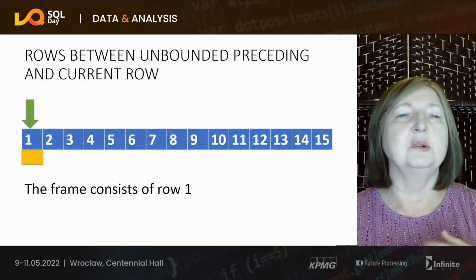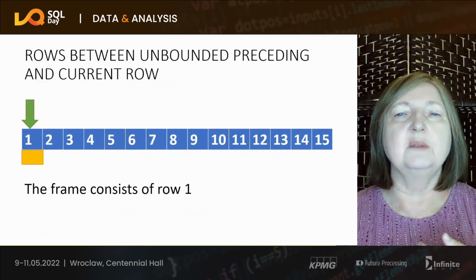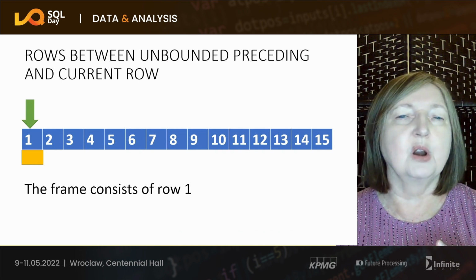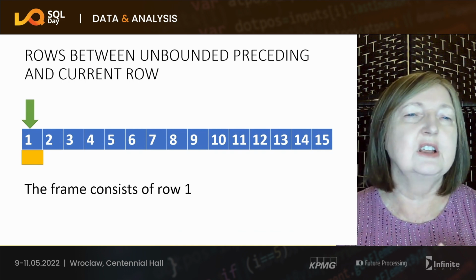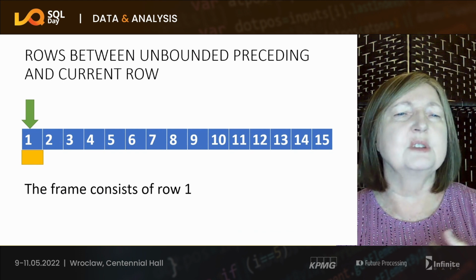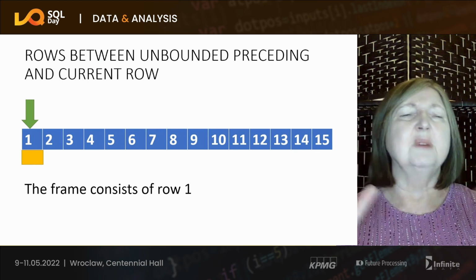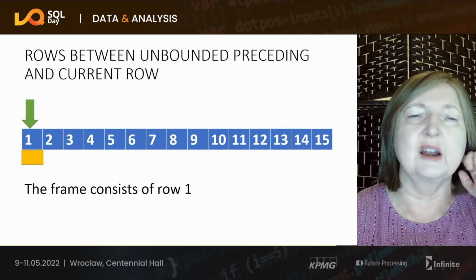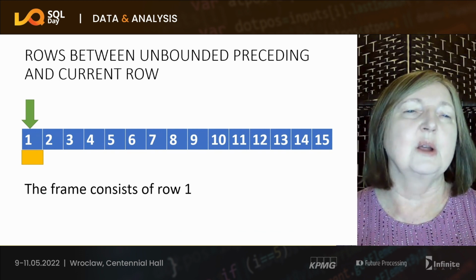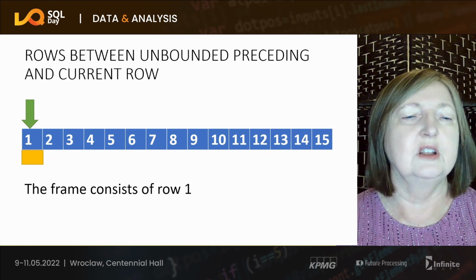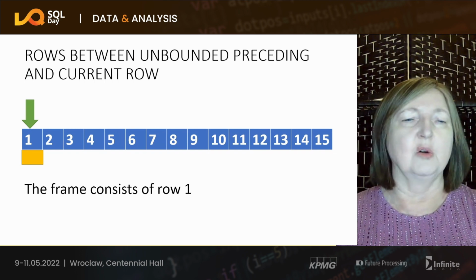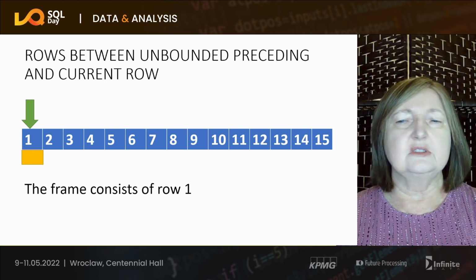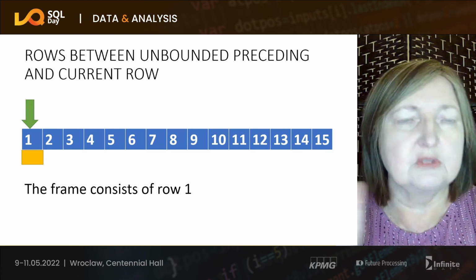So here's some examples. This is rows between unbounded preceding and current row. There is a shortcut to this. I think it's called rows unbounded preceding, maybe. I don't usually use it because there's not shortcuts for all of them, and I want to see exactly what I'm talking about, but you will see the shortcut. So here's my window. There's 15 rows that I'm looking at.